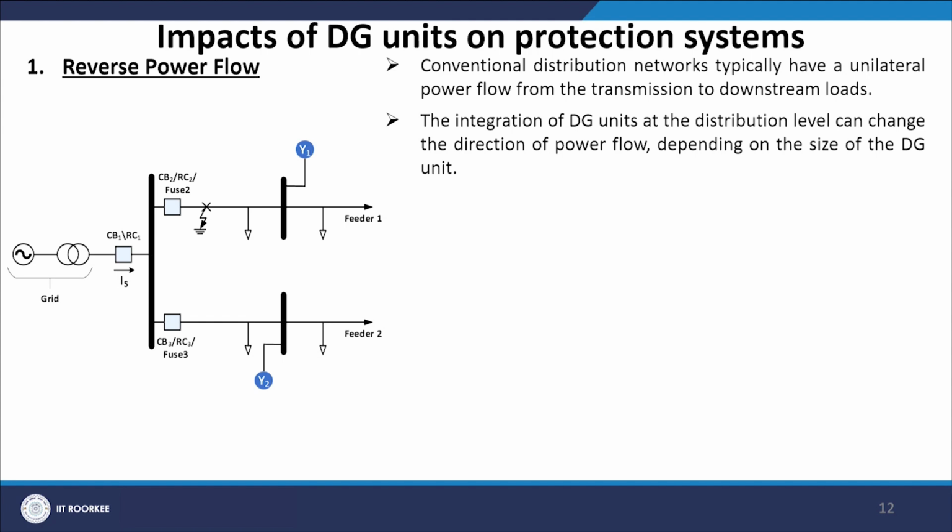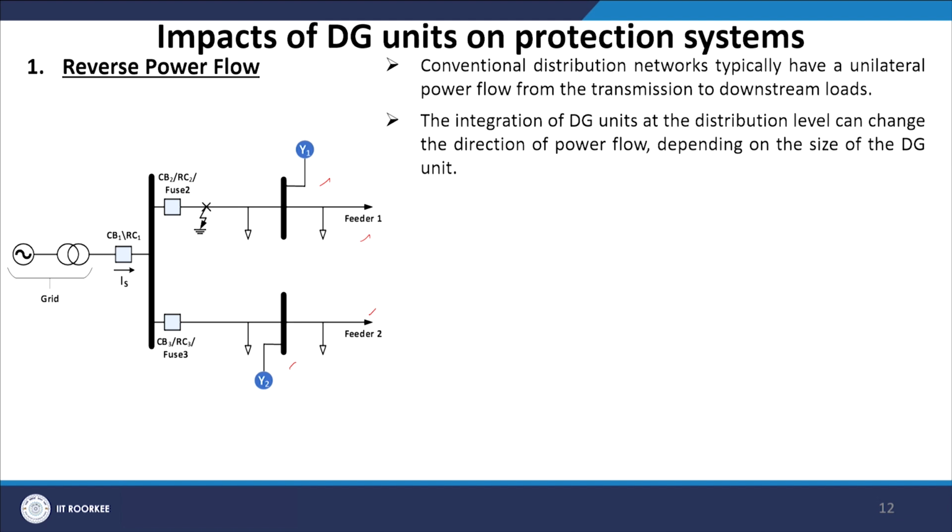We will take two parallel feeders with two DGs connected. Conventional distribution networks typically have a unidirectional power flow from the transmission to distribution systems. The integration of DG units at the distribution level can change the direction of power flow depending on the size of the DG units.